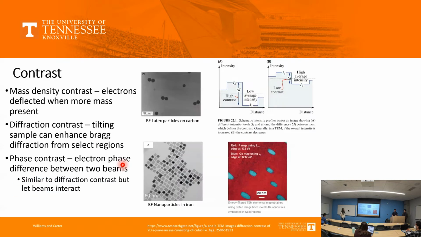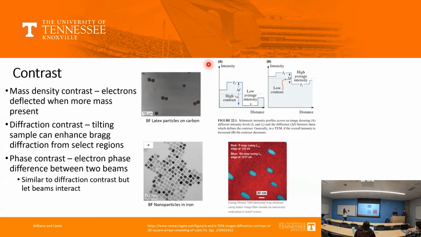Before we get into the specific types of imaging, I just want to talk about contrast very briefly here. So in the top right, the schematic indicates what we mean when we talk about contrast and intensity. So intensity, in the wave sense, you think about it as brightness or flux, and in the particle sense, current.